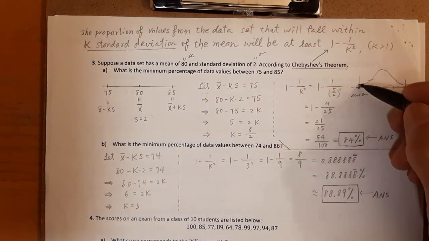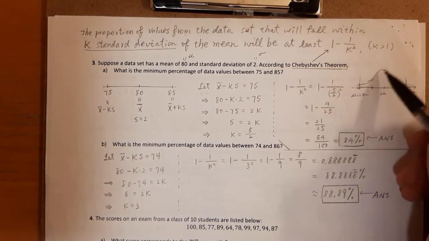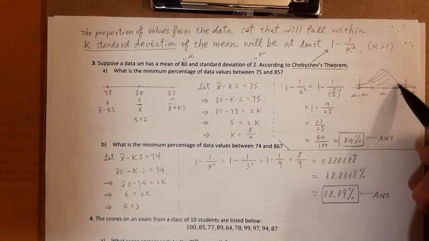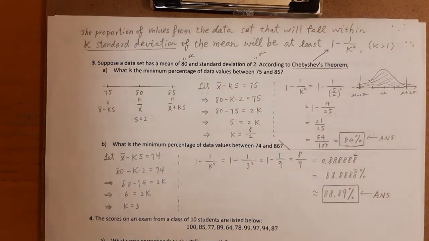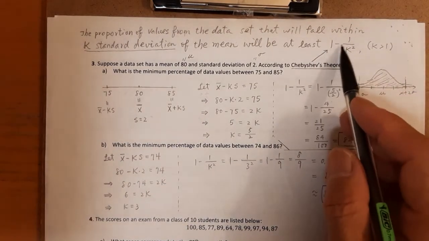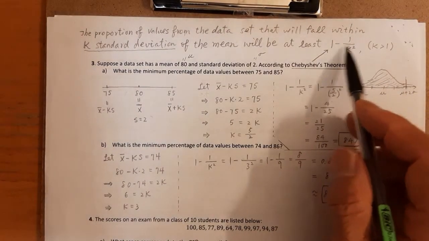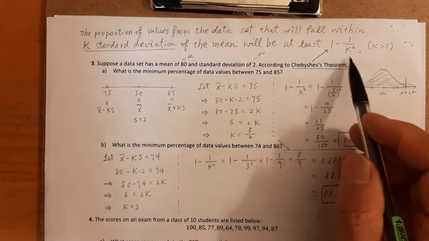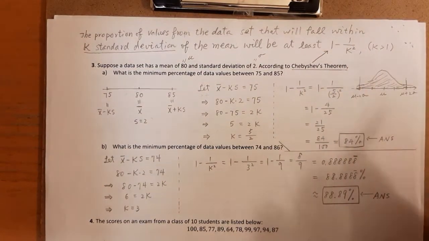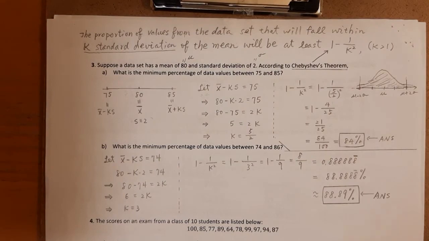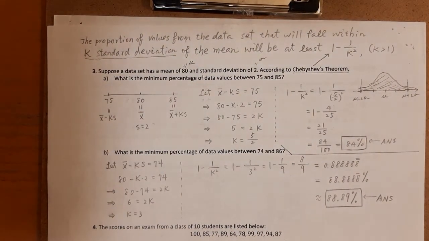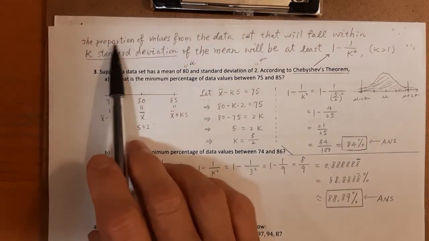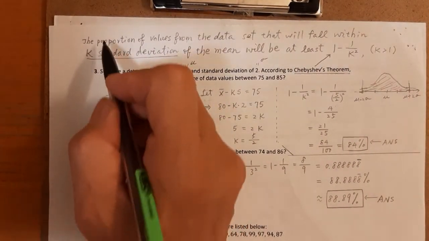If K is 2, then the probability under this, falling within 2 standard deviations of the mean, is 1 minus 1 over 2 squared, which is 1 minus 1 over 4, which is 3 over 4, which is 75%. That's Chebyshev's theorem. The proportion means the probability.